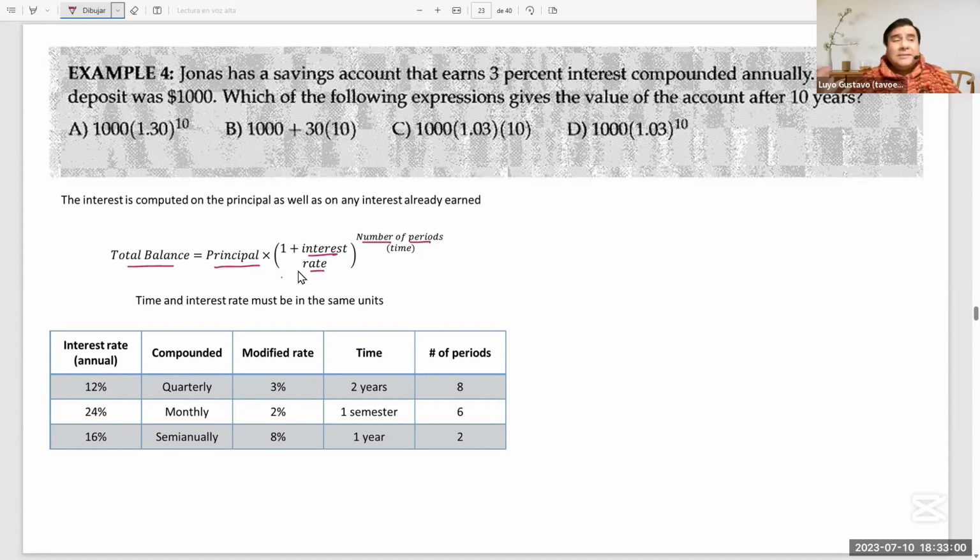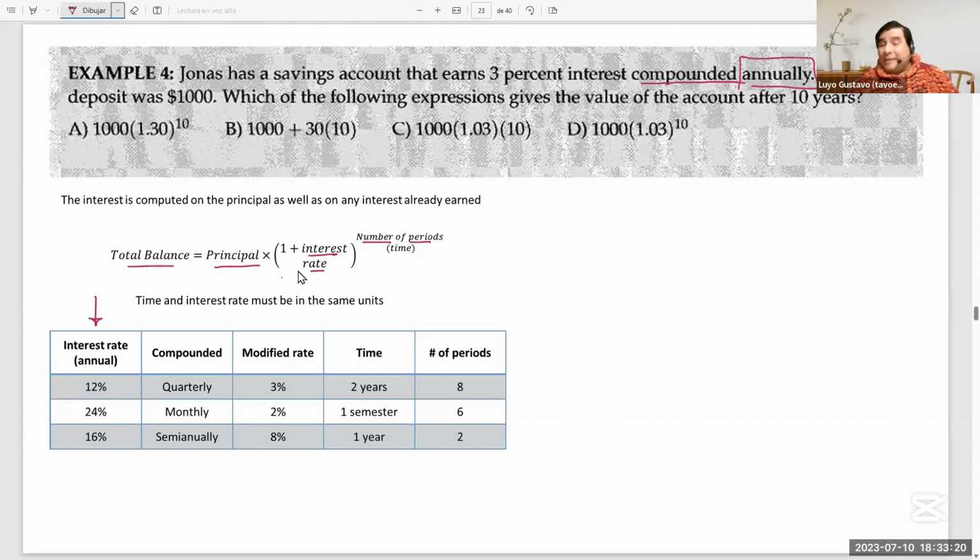Usually in these problems, you will be given the interest rate, which is typically an annual rate. You will be given the frequency of accumulation of interest, which is indicated by the phrase compounded and some frequency adverb.